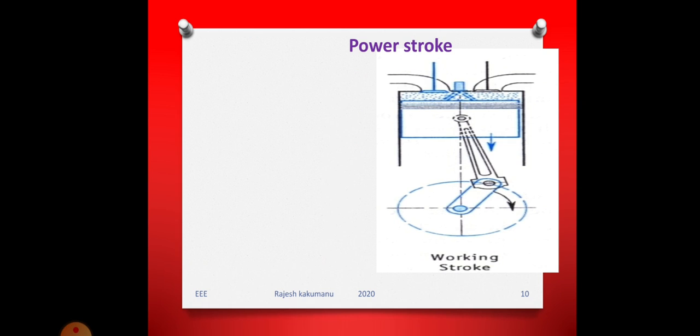What happens here? The same: the inlet valve and exhaust valve are both closed, thereby the piston is moving from top dead center to the bottom dead center. At that point, what happens?